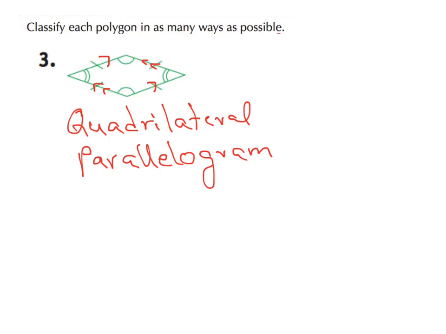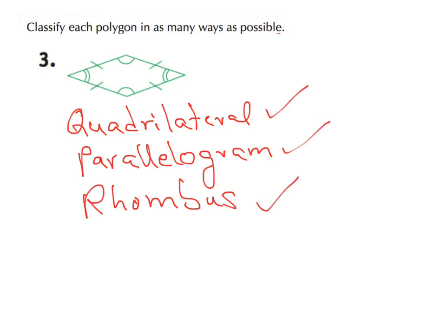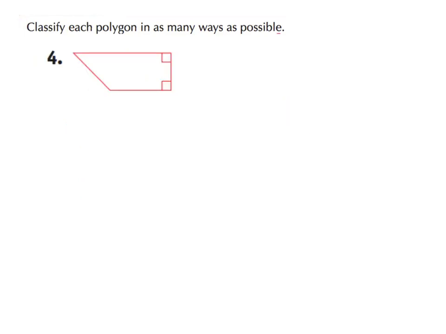Are all sides equal? Look at that. Yes. So it's a rhombus. So this is a quadrilateral, it's a parallelogram, it's a rhombus.